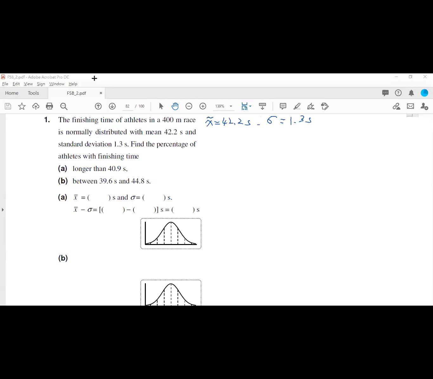This is normally distributed, so we can use the graph. Find the percentage of the athletes with finishing time longer than, in part A, 40.9 seconds. We want to find the percentage of the athletes with finishing time longer than 40.9.